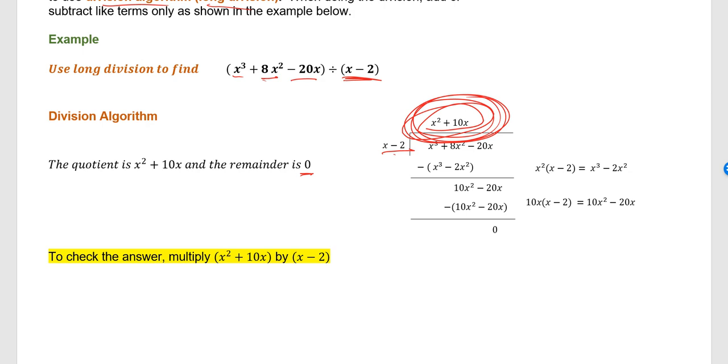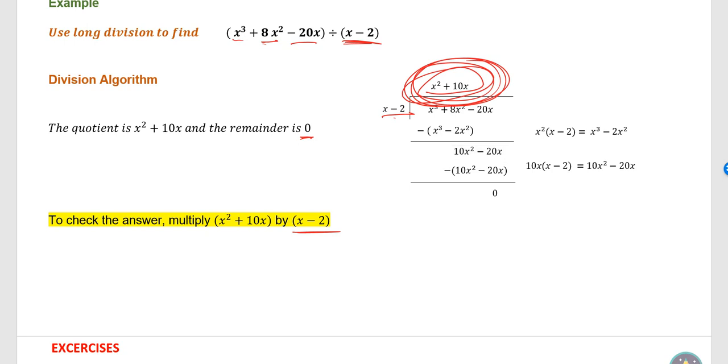To check the answer, we can very simply multiply the result by the x minus 2. I'll let you do that on your own, but you should get back to this expression if you do that. Now we have some exercises.